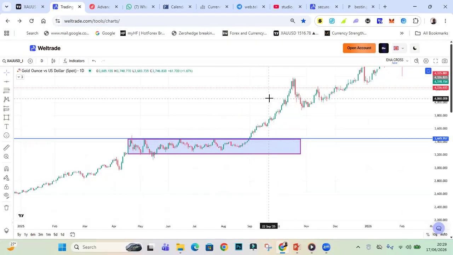So this resistance has now automatically become support. It was resistance when price was still below it. But as soon as price breaks through it, it becomes support.